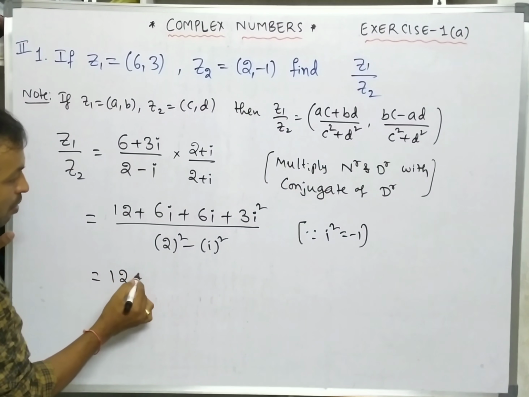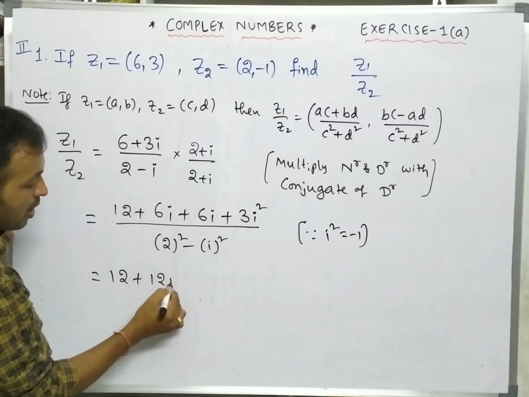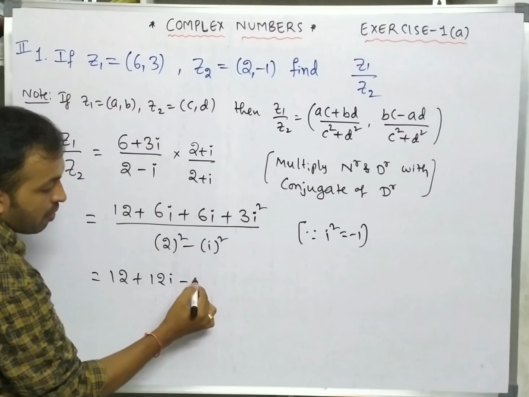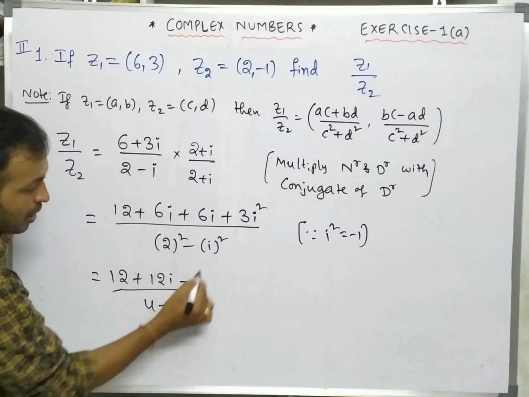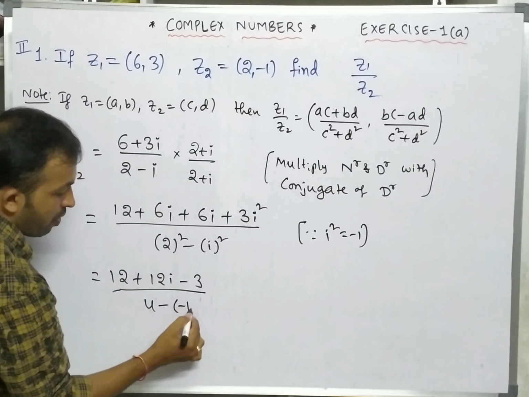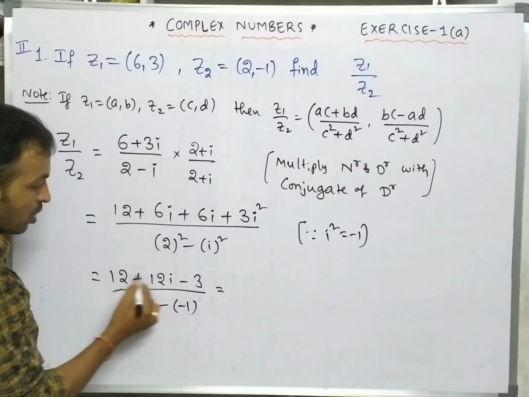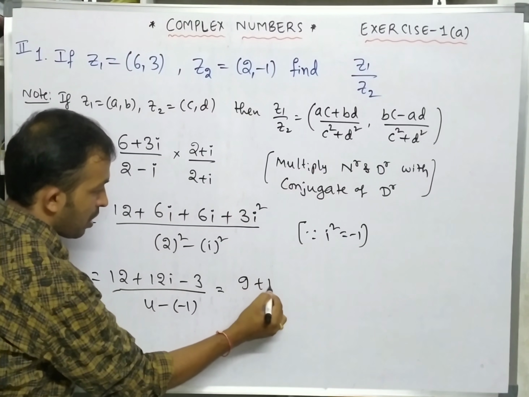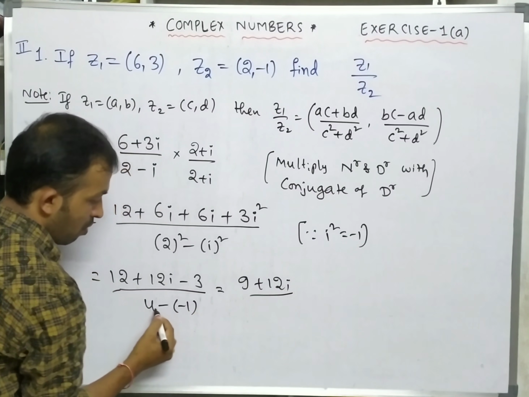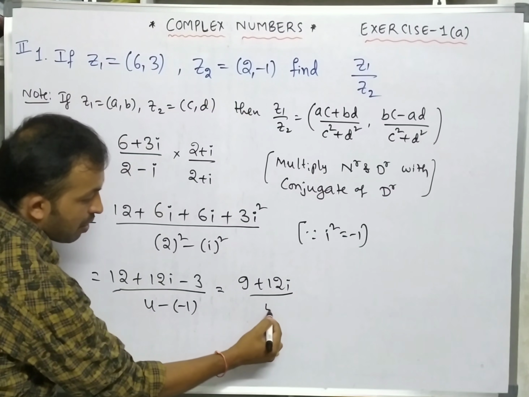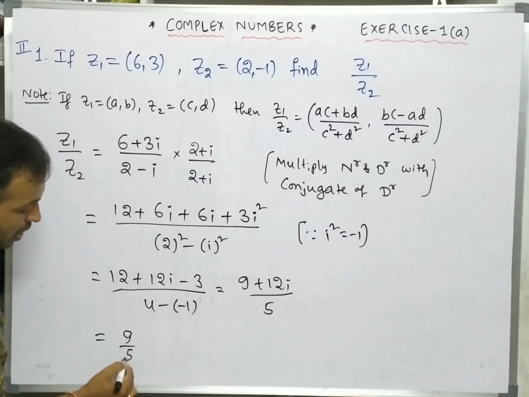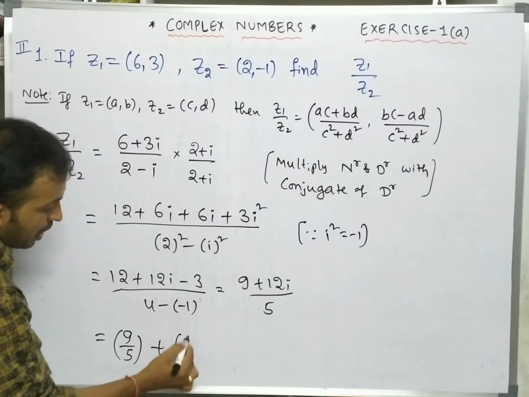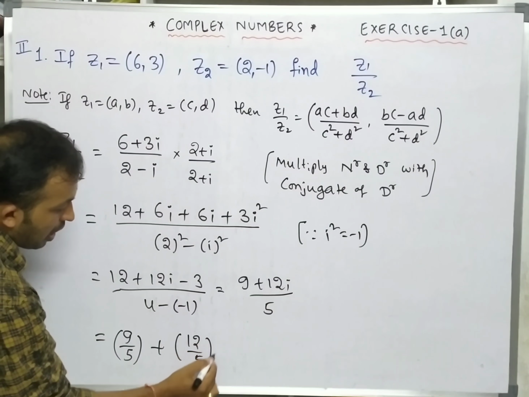So 12 plus 6 plus 6 is 12i, 3 into minus 1, that is minus 3, by 2 square 4 minus I square, and I square value is minus 1. So finally 12 minus 3 is 9 plus 12i by 4 minus of minus 1 plus 1, that is 4 plus 1 is 5. So split it, you will get 9 by 5 plus 12 by 5i.